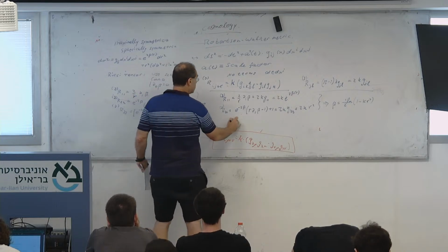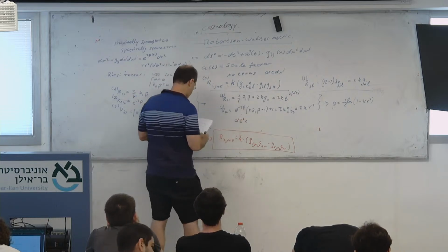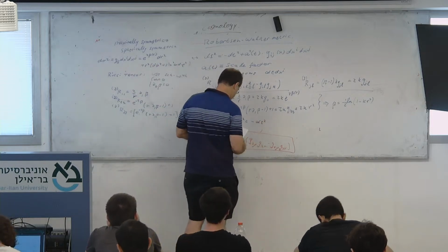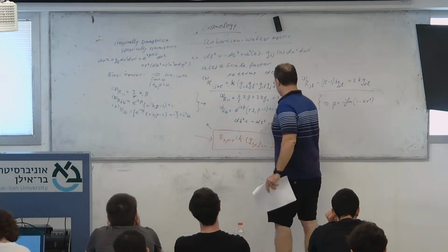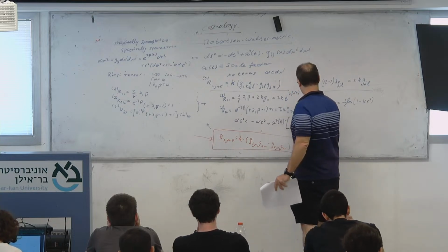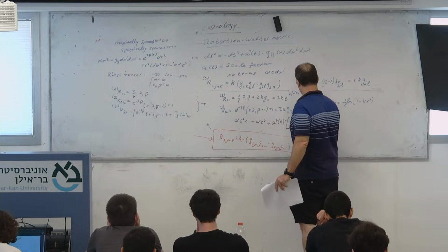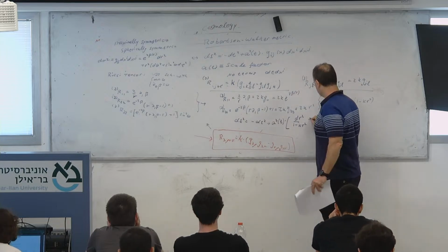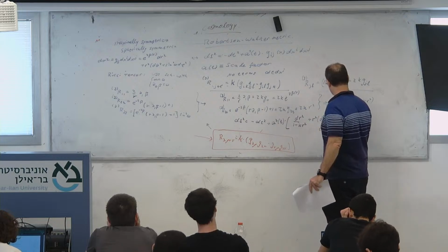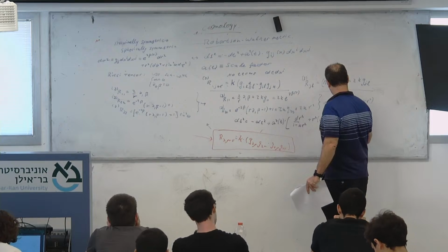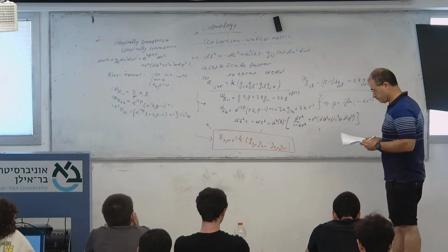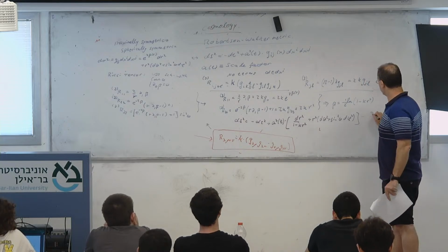And we get that ds squared equals minus dt squared plus a squared of t times dr squared over 1 minus k r squared plus r squared d omega squared. This is the cosmological metric.